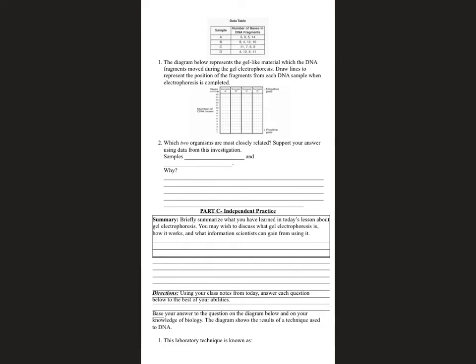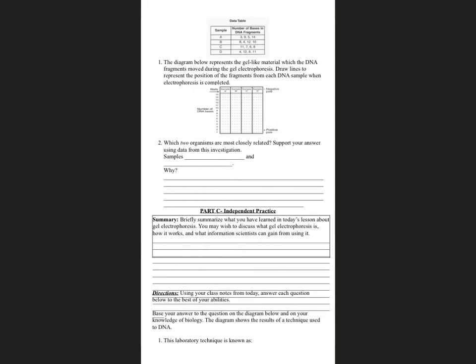Number 1. The diagram below represents the gel-like material which the DNA fragments move through during gel electrophoresis. Draw lines to represent the positions of the fragments from each DNA sample when electrophoresis is completed.